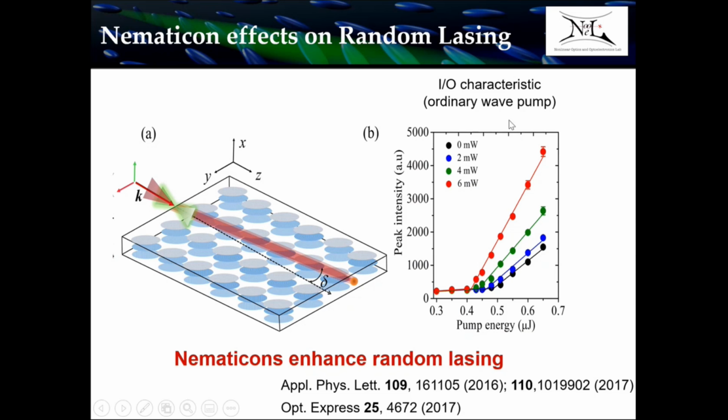And as you can tell, at 0 milliwatt, of course, we have no soliton, so we have regular diffraction, and we get a laser with a certain threshold and a certain amplification, indicated by the black dots. But as we increase the power in the near-infrared, we form a waveguide, a light-induced waveguide. The light-induced waveguide is able to guide the emitted light in this ordinary polarization.